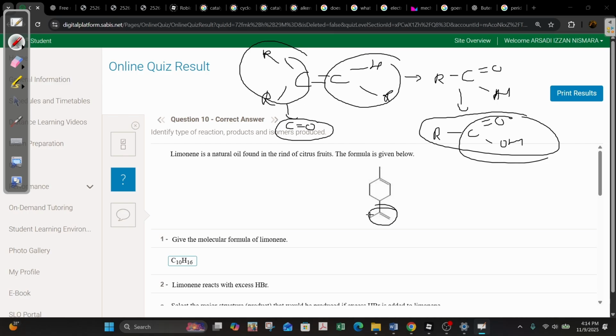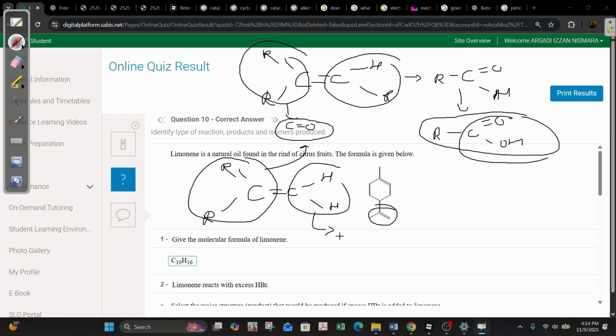What about the bottom one now? The bottom one produces a carbonyl group as well, a ketone group, and this will produce CO2 plus H2O. You must be careful if it's hot or cold. If it's a cold oxidizing agent, then it'll just produce an alcohol.